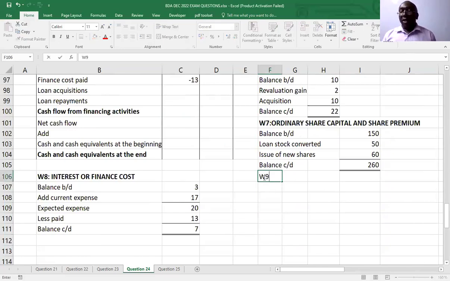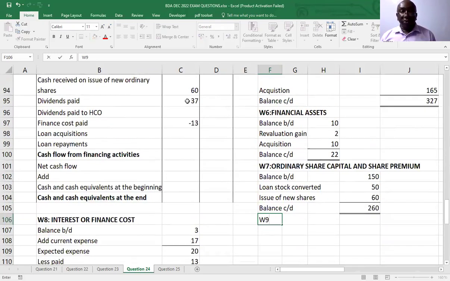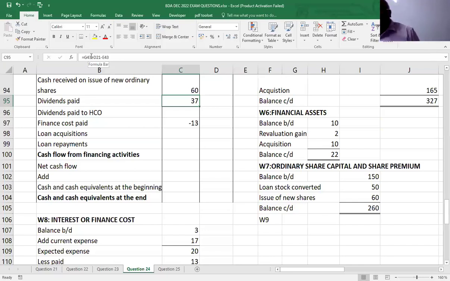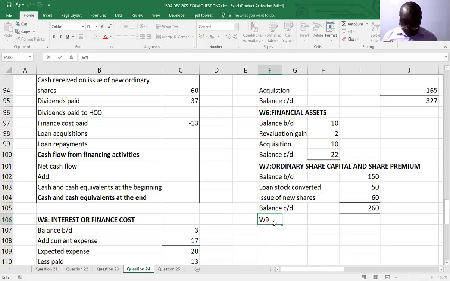So what I was saying in the exam, if you are short of time, si lazima uandike hizi workings. You can just go straight, because when we click here, we are able to see your working up here in the formula bar. So you don't have to take a lot of time just for the sake of showing the working. So we are saying this is working 9. And we want to analyze retained earnings.